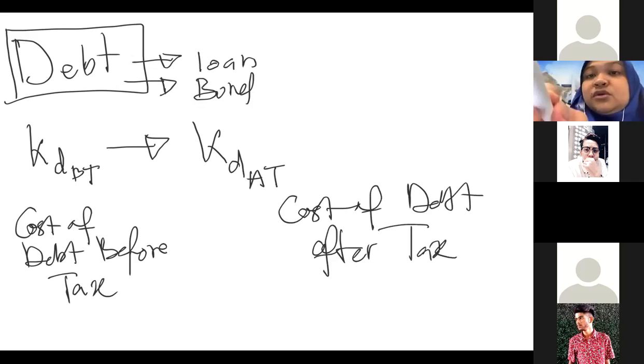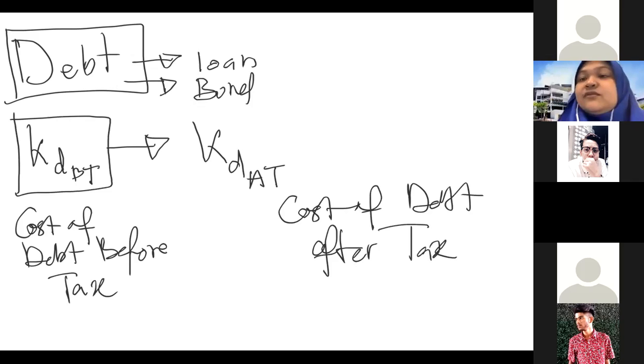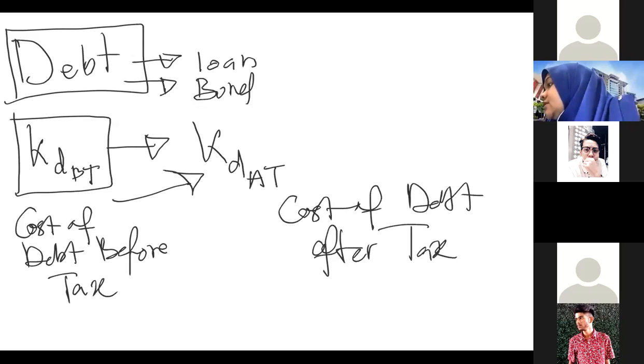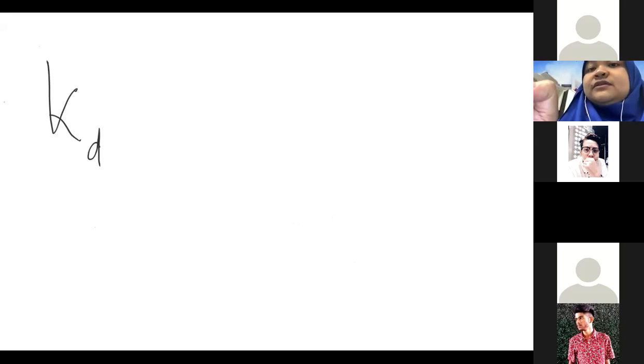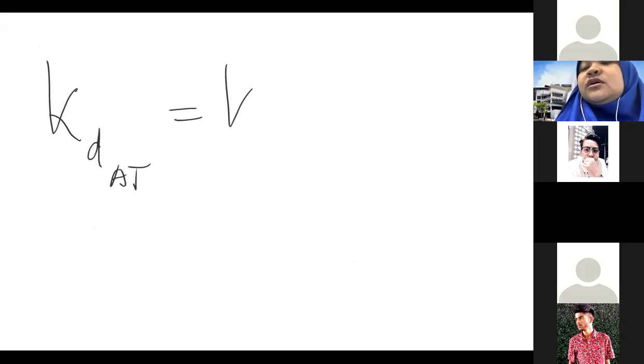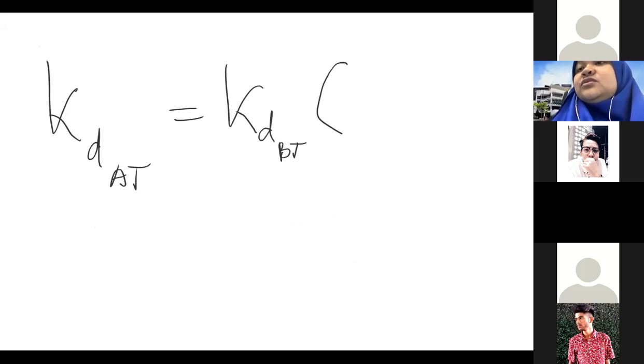Okay, once you know the cost of debt before tax, you need to find the cost of debt after tax. So how to find the cost of debt after tax? Cost of debt after tax is equal to cost of debt before tax times 1 minus tax rate.